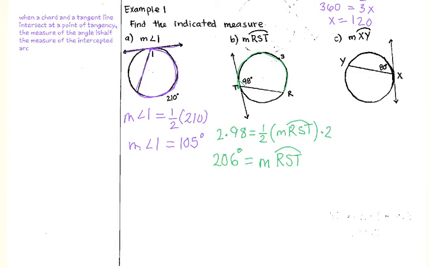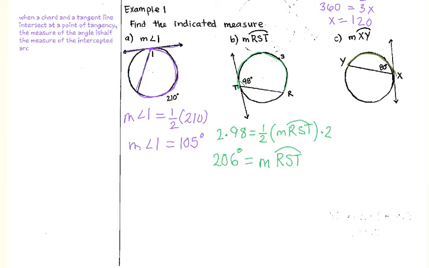And then we can do part C the same way. Take a moment and try to do that for yourself. Alright, so what we should have is we're trying to find arc XY. When it's just the 2 letters, we're going to be talking about the minor arc XY.